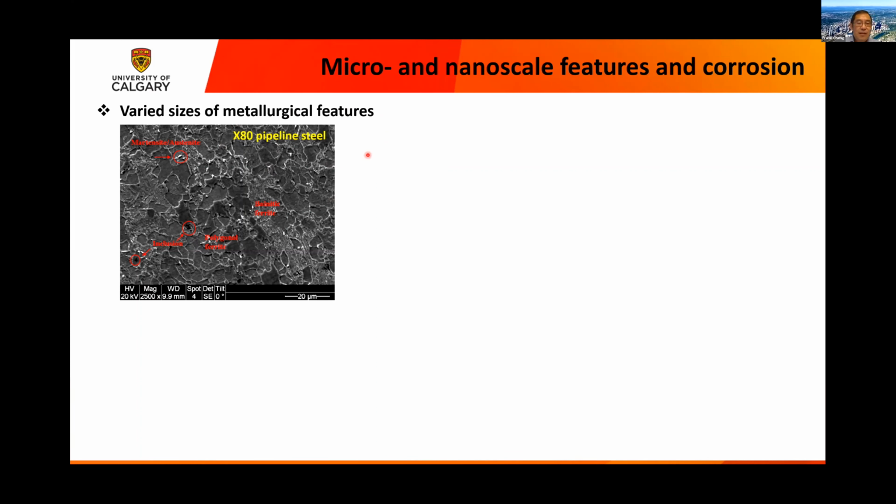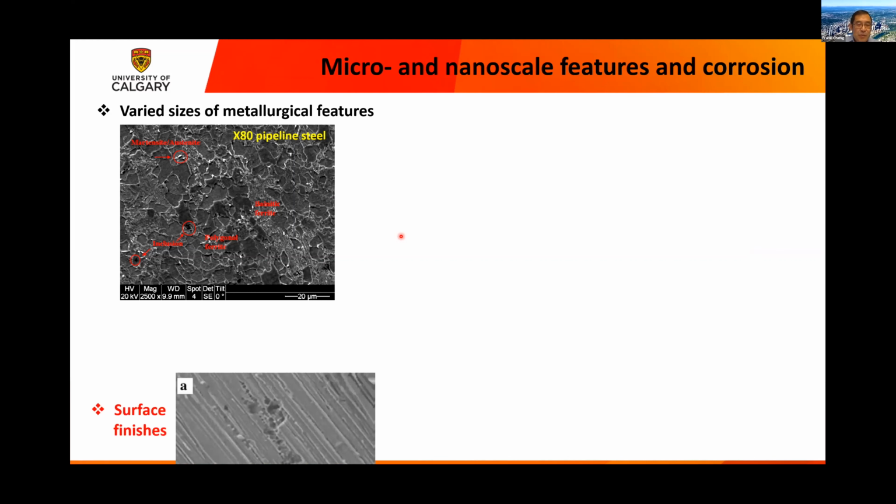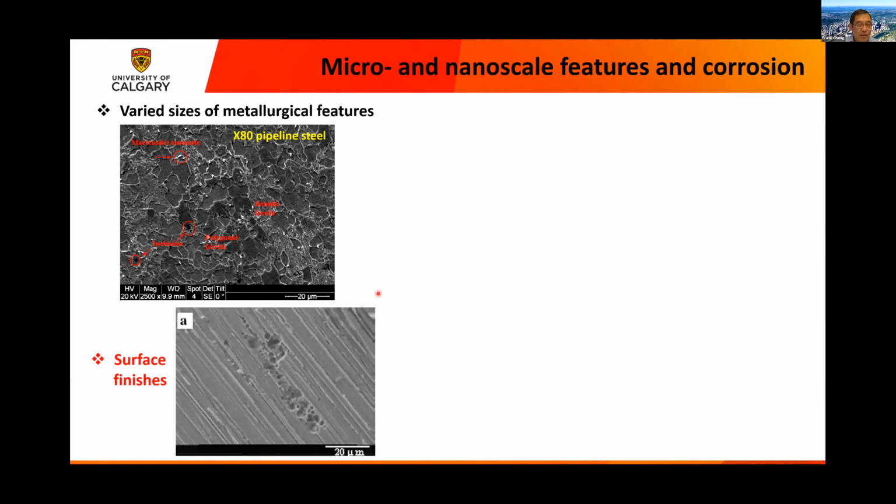They can influence the mechanical properties and, at the same time, the performance of the materials in practice. The industrial structure can also have different surface features, caused by mechanical forces, and these features and the finish can also be at the micron or sub-micron scale.